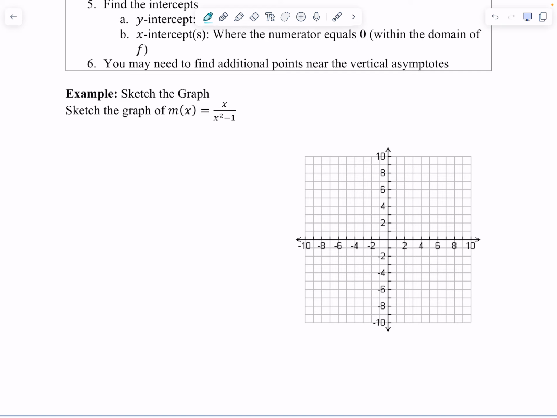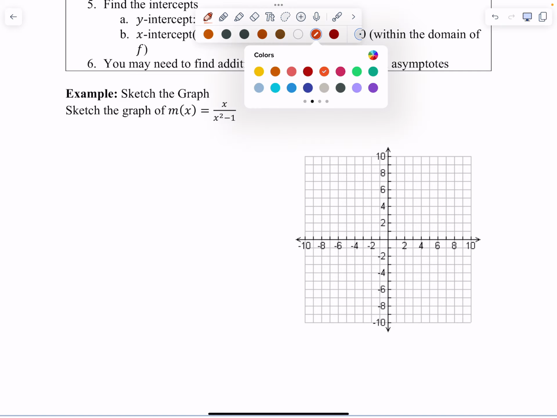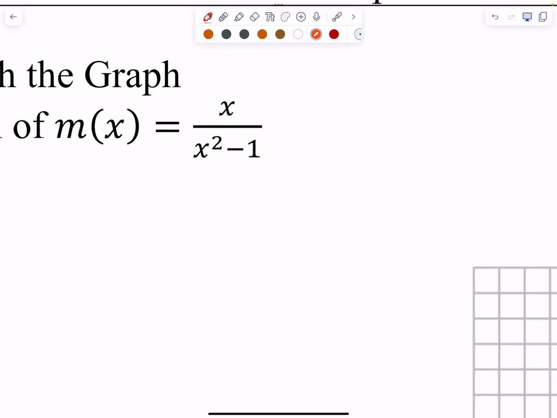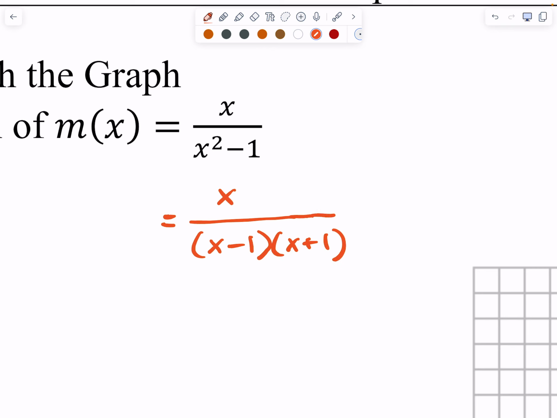So for m of x, the first thing we probably want to do is factor the denominator. What's the denominator factor to? Okay. No common factors in the numerator and denominator, which tells us something about the graph right away.